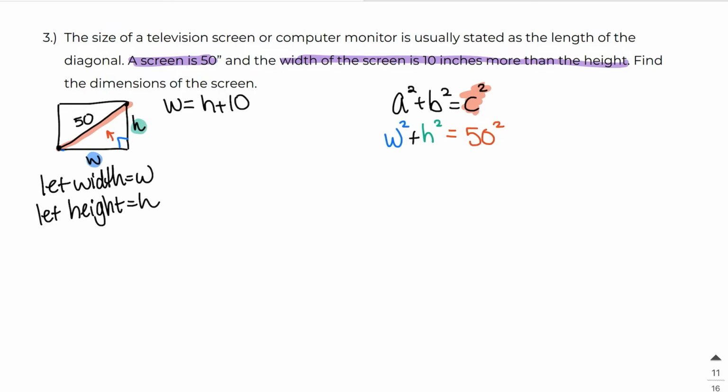But we do know that W is going to be equal to H plus 10. So instead of W, I can replace this with H plus 10 because it's the same thing. So this is (H plus 10) squared plus H squared is going to equal 50 squared. So let's figure out what this is.